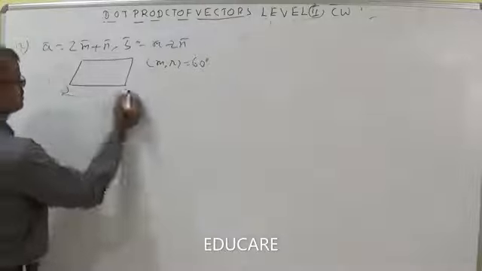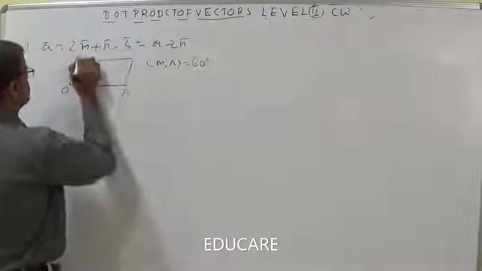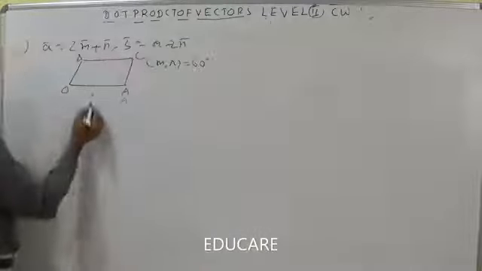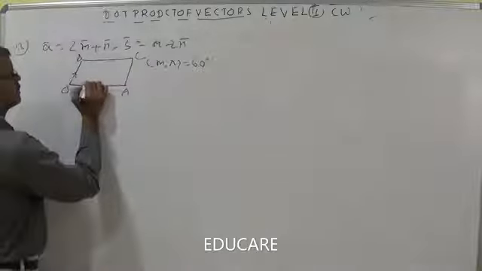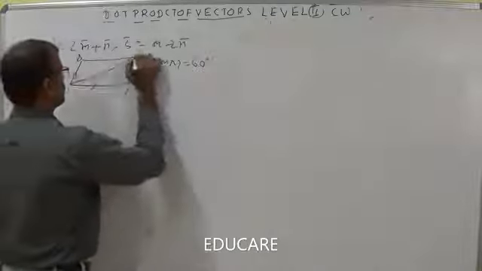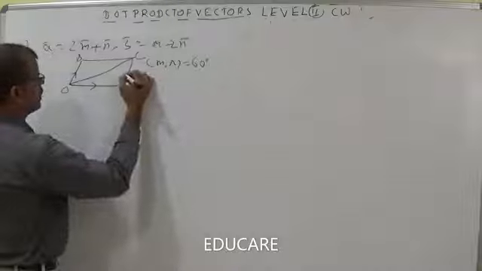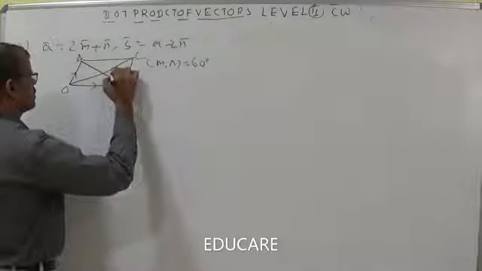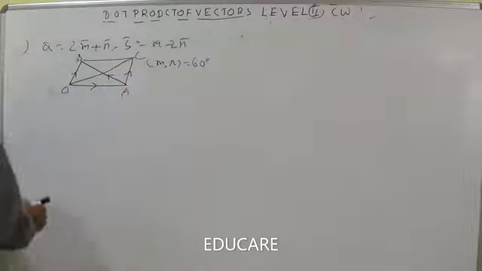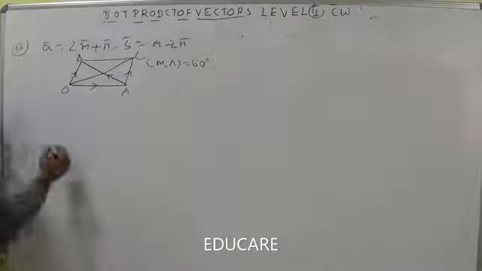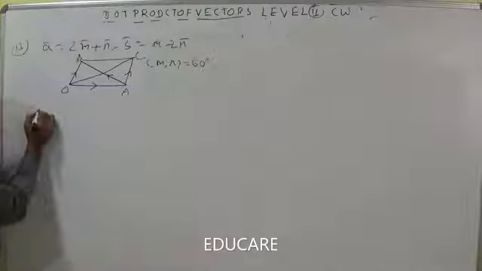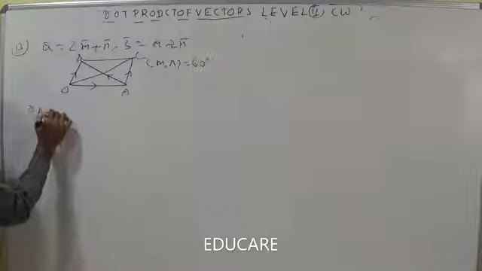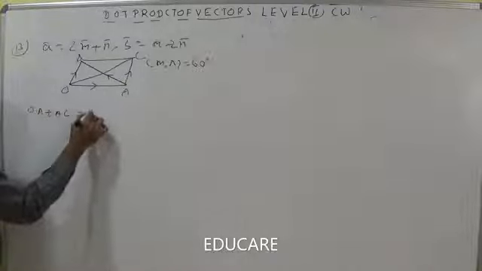Now the diagonal. Let us consider this is O, this is A, this is B, this is C. A is given, B is given like this. This is OC diagonal, using OA plus AC. This is the BD diagonal, using AO plus OB. Using the parallelogram property, you can write OA plus AC is equal to OC.